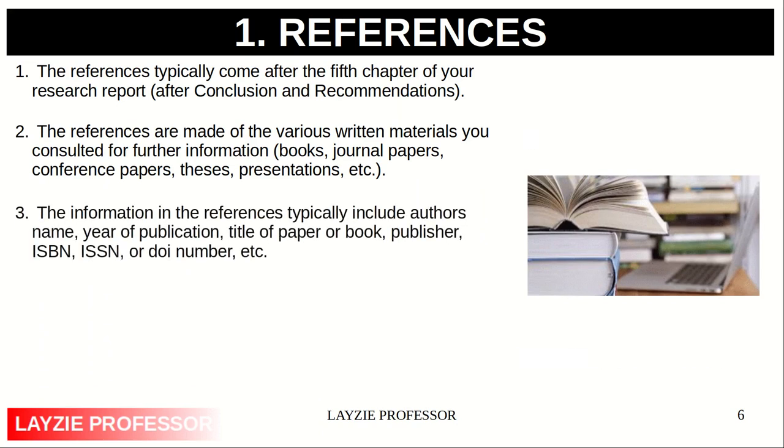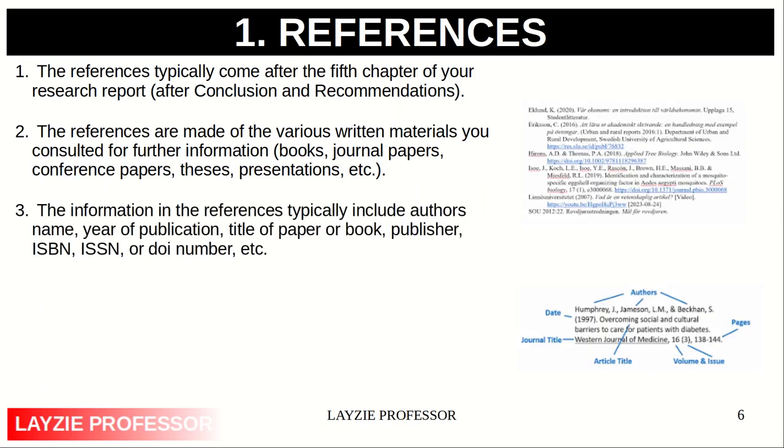The information that is typically presented in the references includes the name of the authors, the year of publication of the academic material, the title of the paper, book, or academic material, the publisher, a number that we call ISBN, and then the ISSN number, the DOI number, and you can have something like the website address, and several other information.